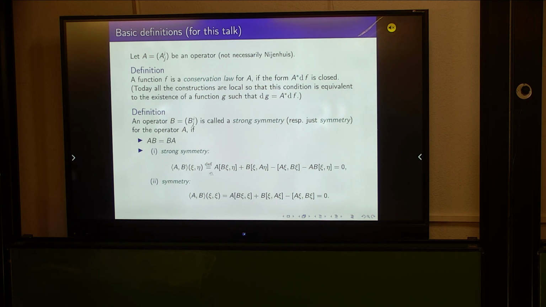But what is written here is still a very good expression which makes perfect sense if A and B commute. If they do not commute, then what's written here is not so nice, but this is one half of the so-called Nijenhuis bracket for two fields of endomorphisms.